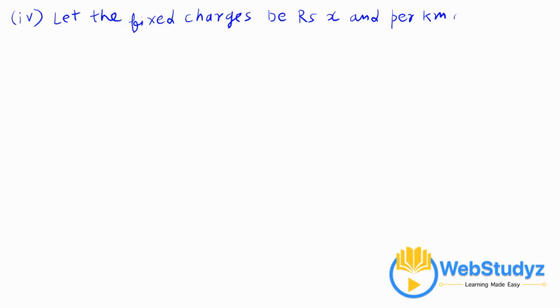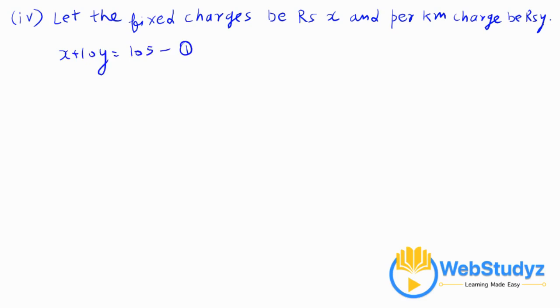So let the fixed charges be rupees X and per kilometer charge be rupees Y. So according to the question, X plus 10Y equals 105.